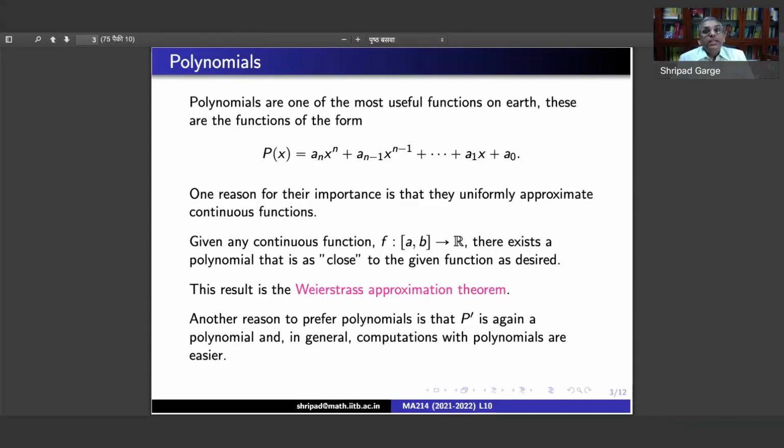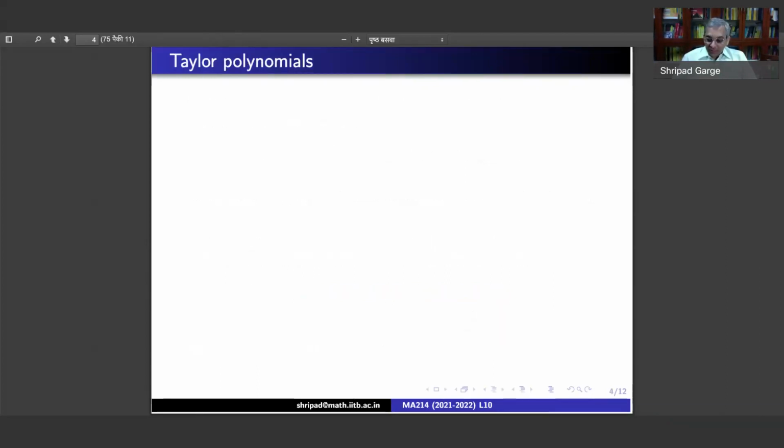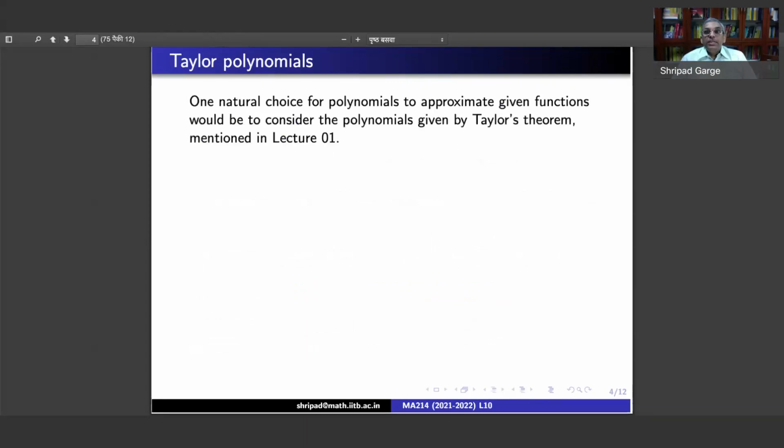But how do we find these polynomials? And so you may remember from our very first lecture that we had used Taylor polynomials. So what were these Taylor polynomials? These were given by Taylor's theorem. And they said that whenever you have a point, at that point, your function can be approximated by Taylor's theorem.